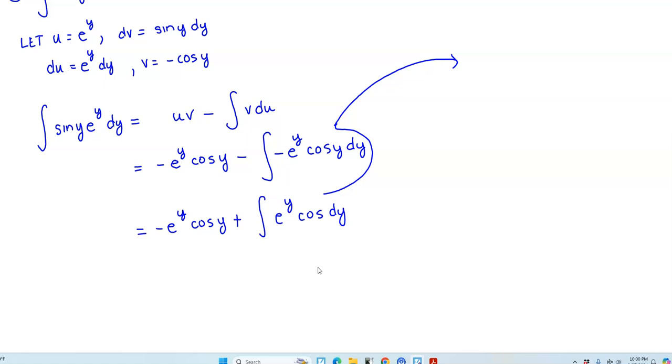We're going to let capital U equal e to the y, capital dV is going to be the cosine of y dy, and then capital dU is going to be e to the y dy. And then capital V is going to be the antiderivative of the cosine of y, which is the sine of y.